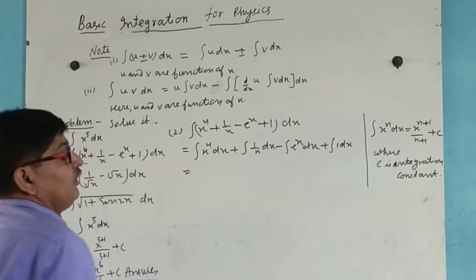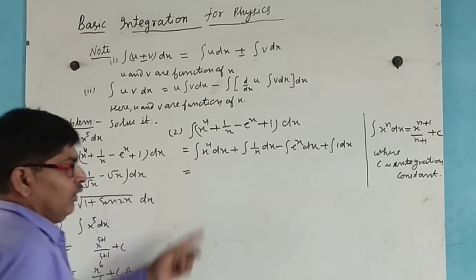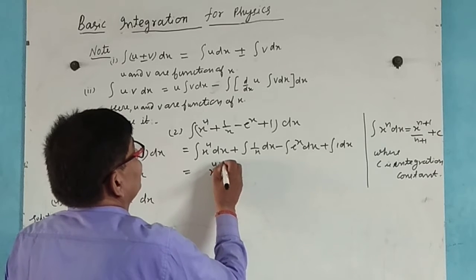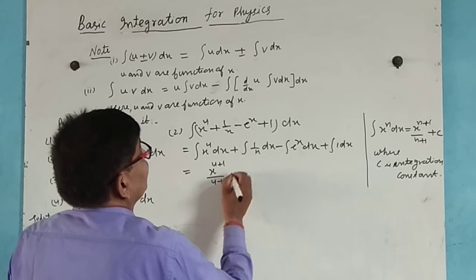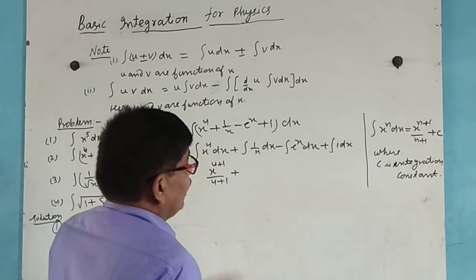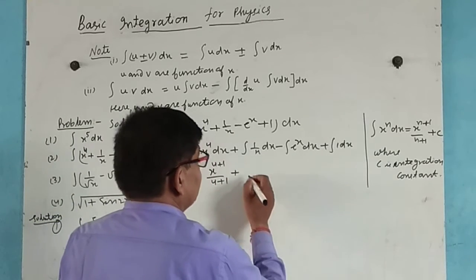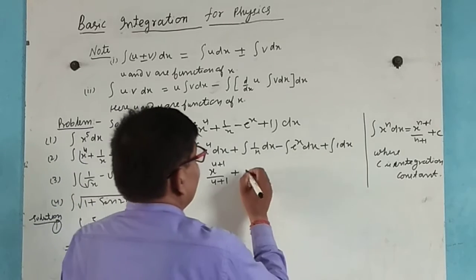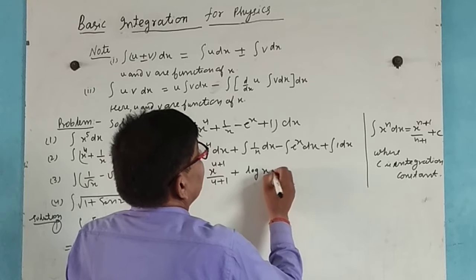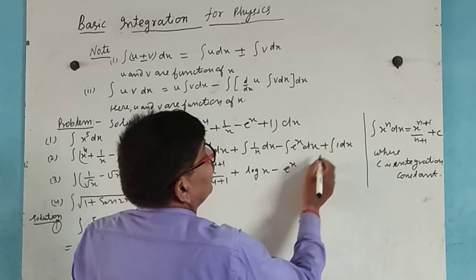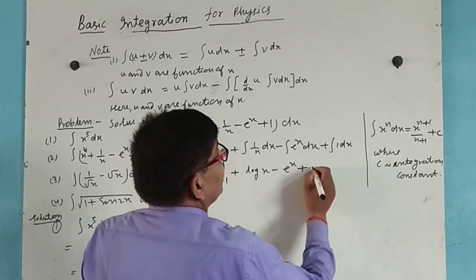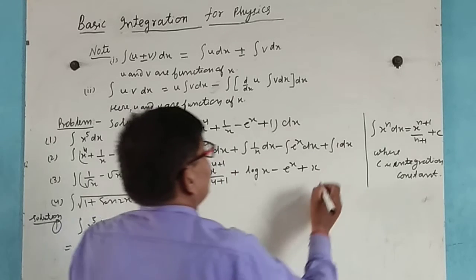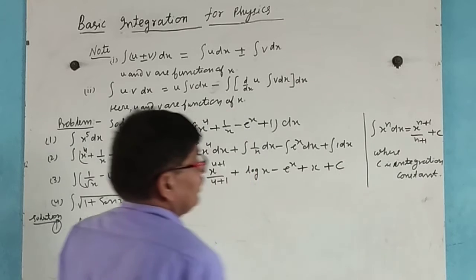Now x to the power n gives x to the power n plus 1, so x to the power 4 plus 1 divided by 4 plus 1. Integration of 1 by x equals log x, as we wrote before. Integration of e to the power x is e to the power x, and integration of 1 dx is simply x, plus integration constant c.